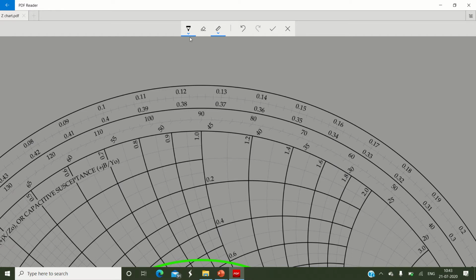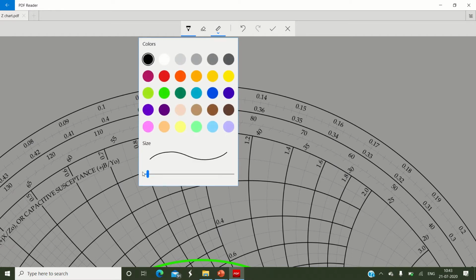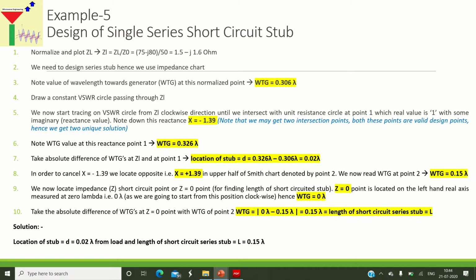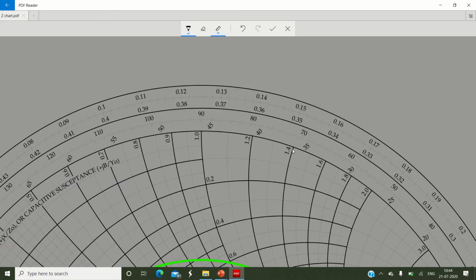I will plot the point representing positive reactance value of 1.39 here, and let us denote that point as point number 2. Here it is 1.4, so 1.39 will be a little bit below that 1.4.